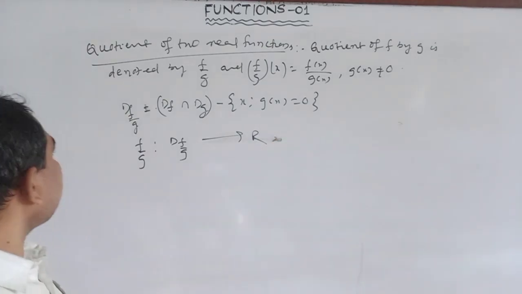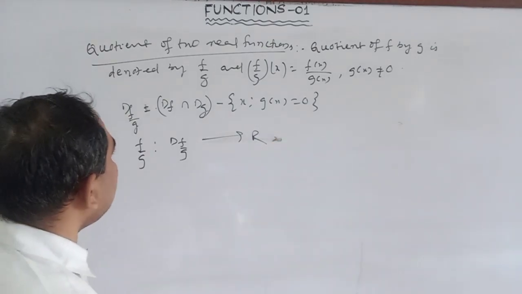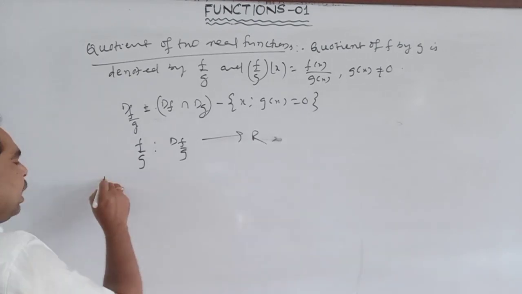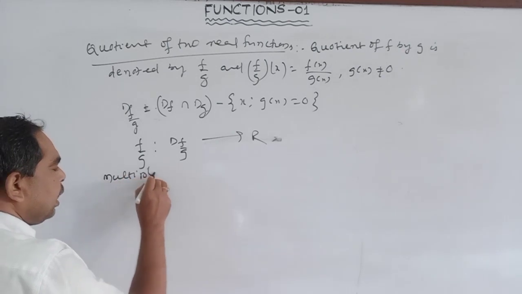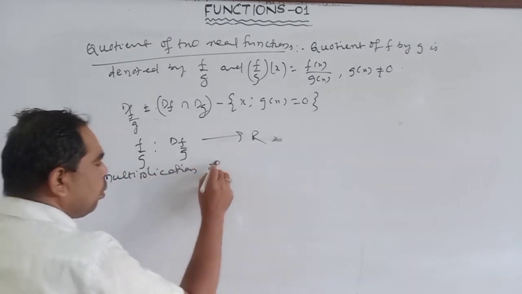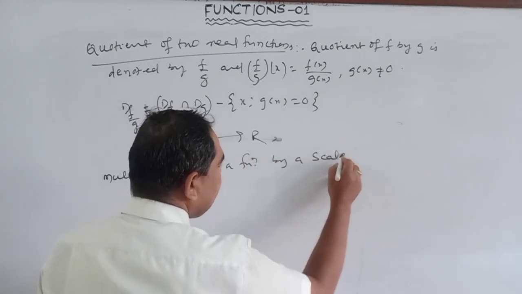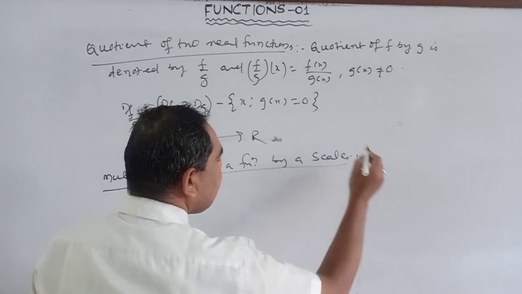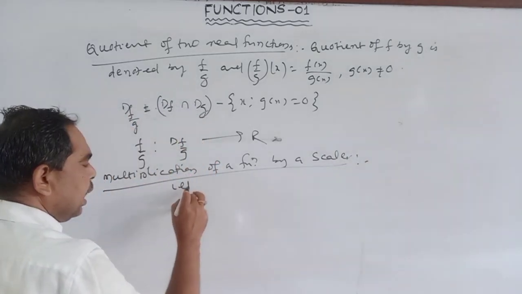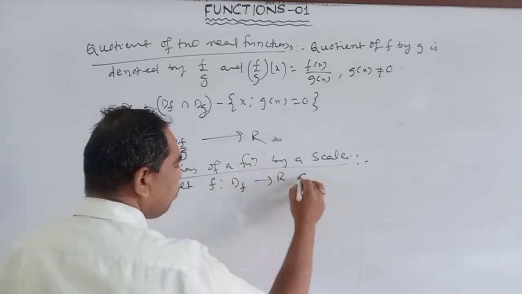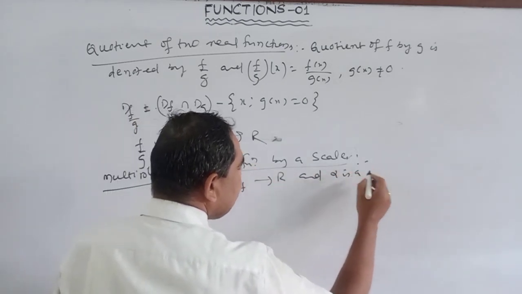Okay. Now next, multiplication of a function by a scalar. Let f such that domain of f to real number R and alpha is a scalar.